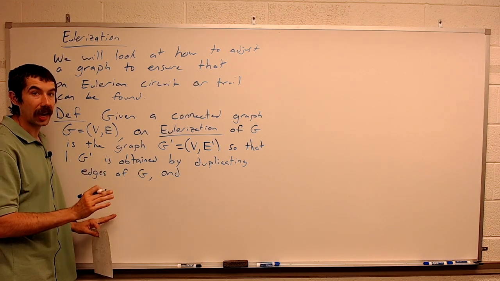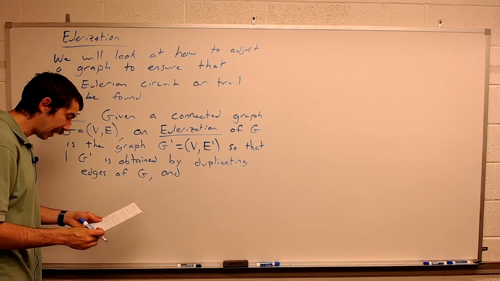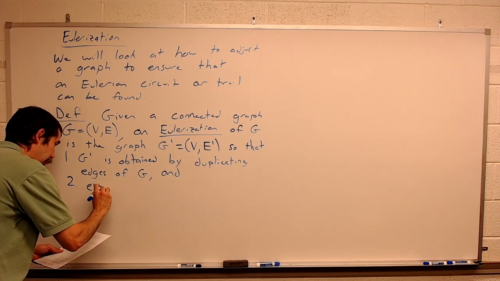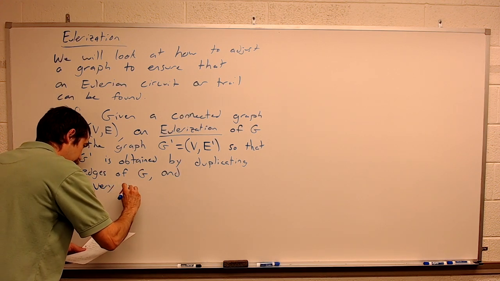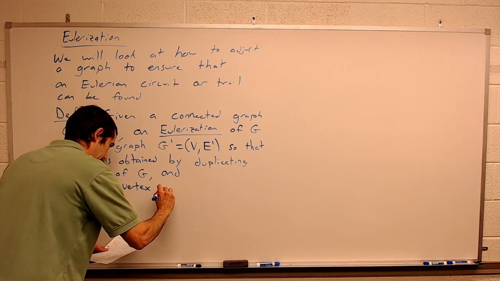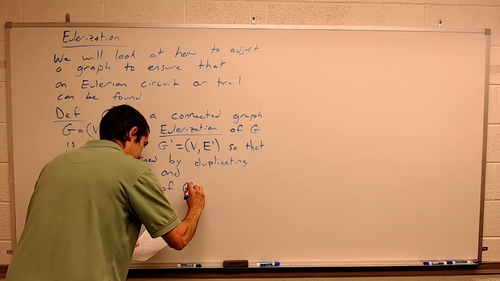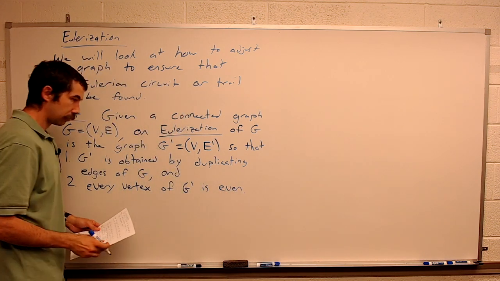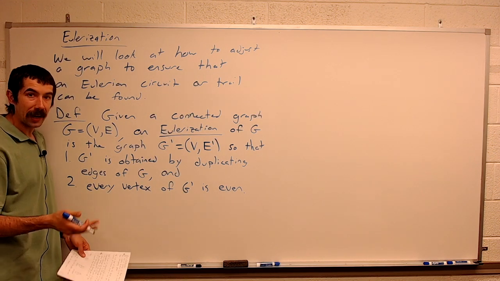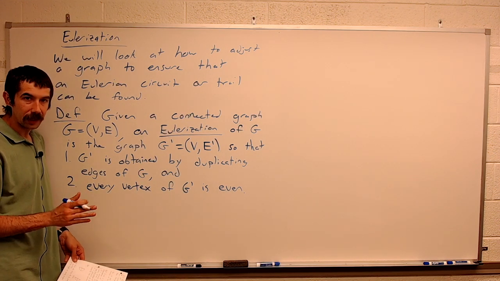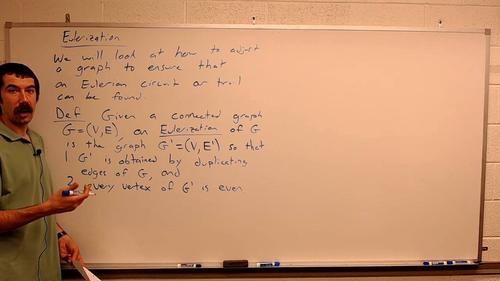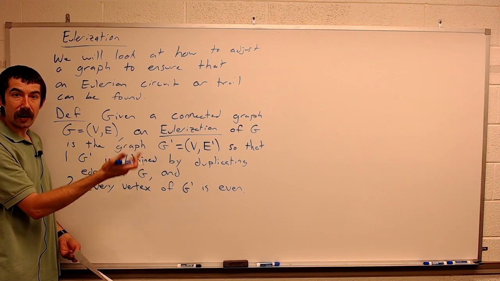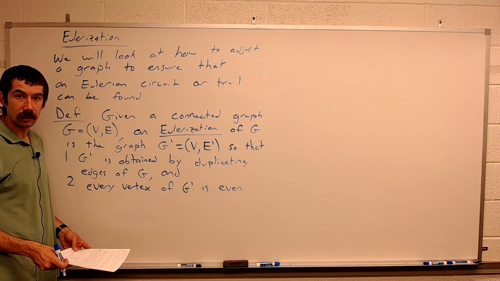They have to be duplications. And then the second condition: every vertex of G prime is even. So we're going to duplicate edges in G to make a new graph where every vertex is even. Then we know we could find an Euler circuit, an Eulerian circuit.